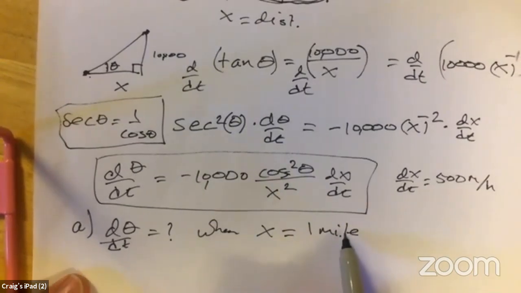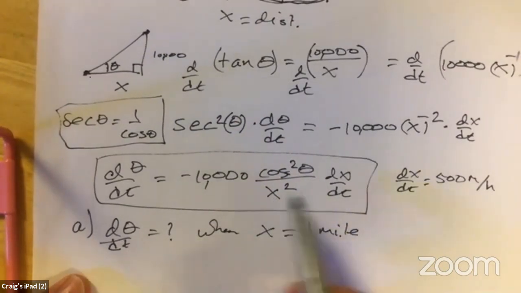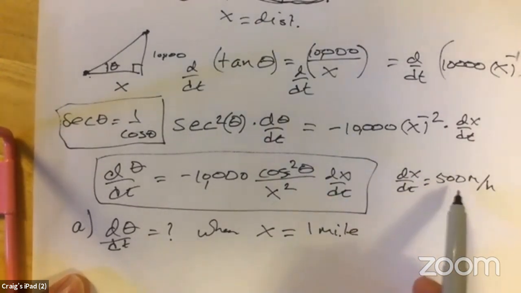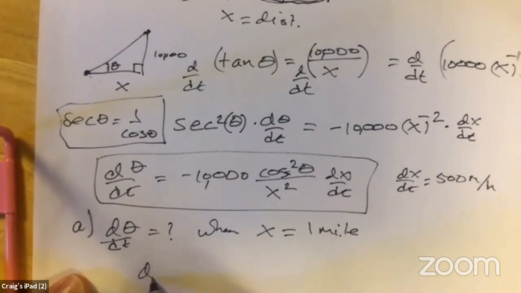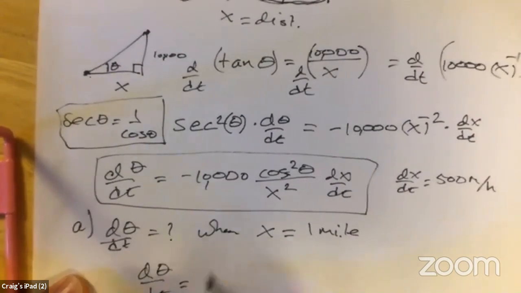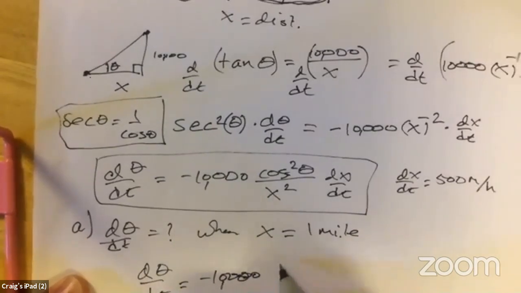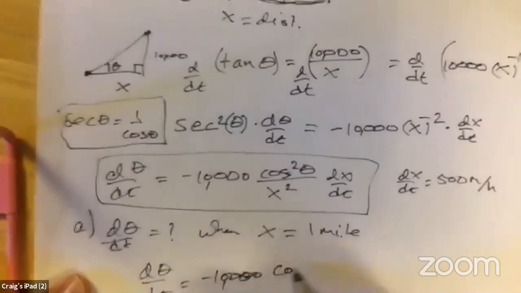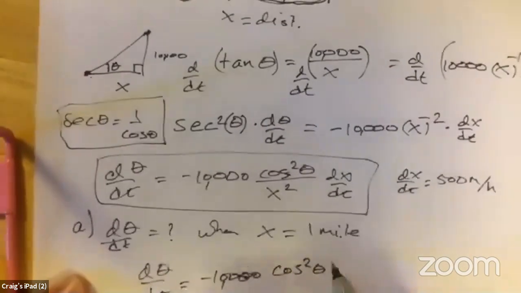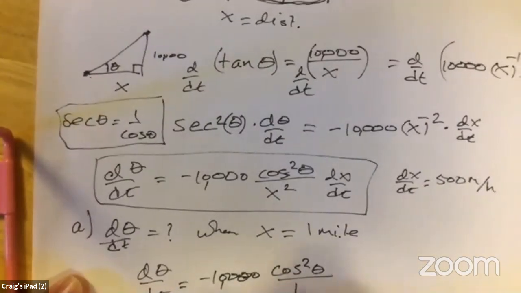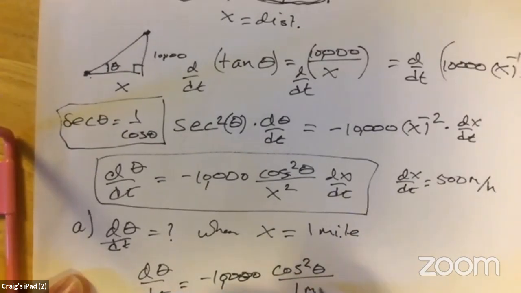So if x is 1 mile, I just put in 1 here. I have cosine of theta. I have dx dt is 500 miles per hour. So we have d theta dt equals minus 10,000. I have to have cosine squared of theta, which I don't know yet. I'm putting in the 1 for x squared, so it's 1 mile squared.